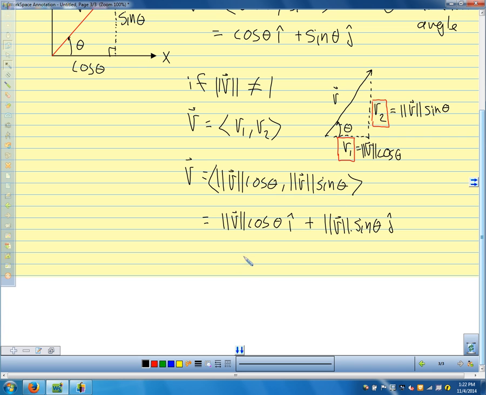So tangent theta equals v2 over v1, opposite over adjacent. So theta equals the inverse tangent of v2 over v1. And this lets us find our direction angle if we know the component form of our vector.